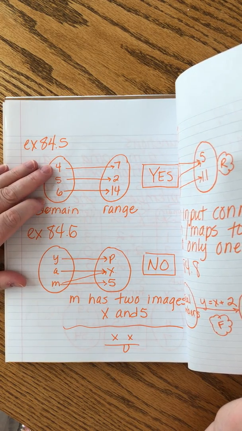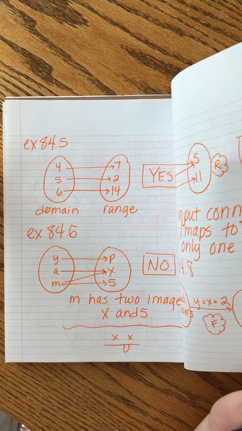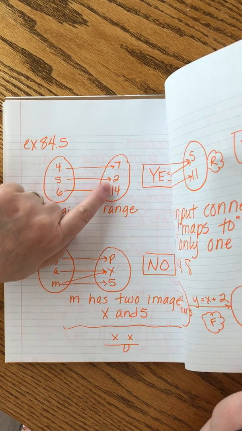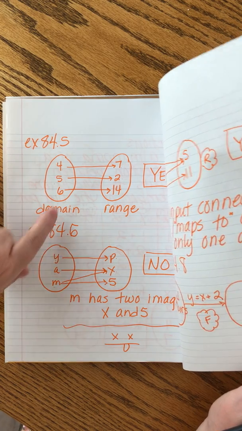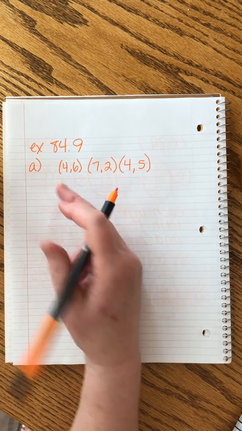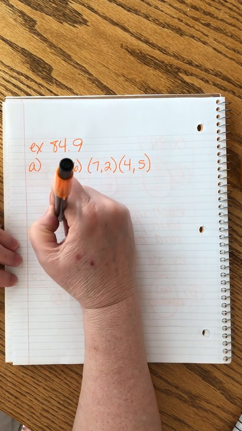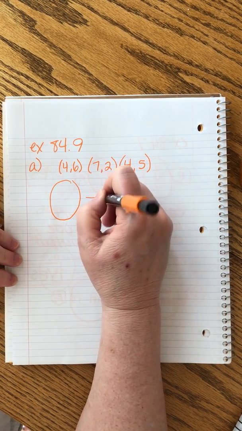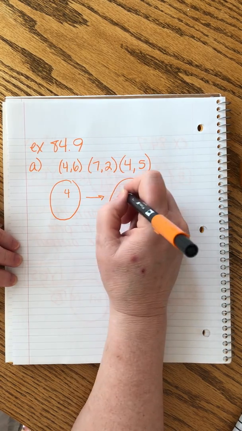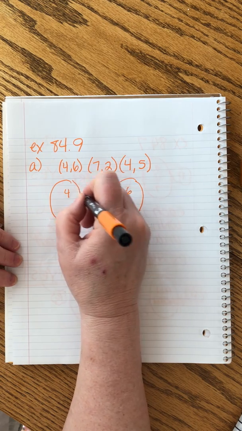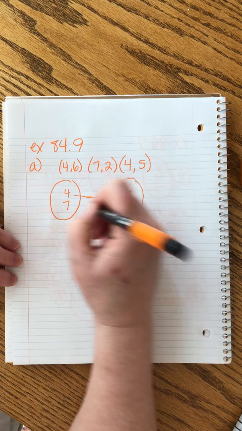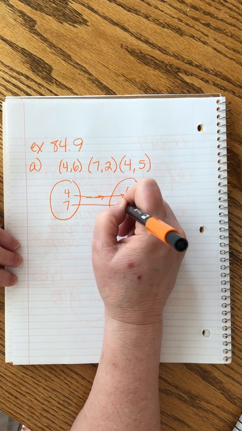Now, imagine that we took 4 and 7 and we wrote them in a set of parentheses with a comma in between them. Imagine we wrote 5 and 2 as another ordered pair and 6 and 14 as another ordered pair. That's what we're doing here. We could, if we wanted, write these as a diagram. 4 goes to 6. 7 goes to 2.